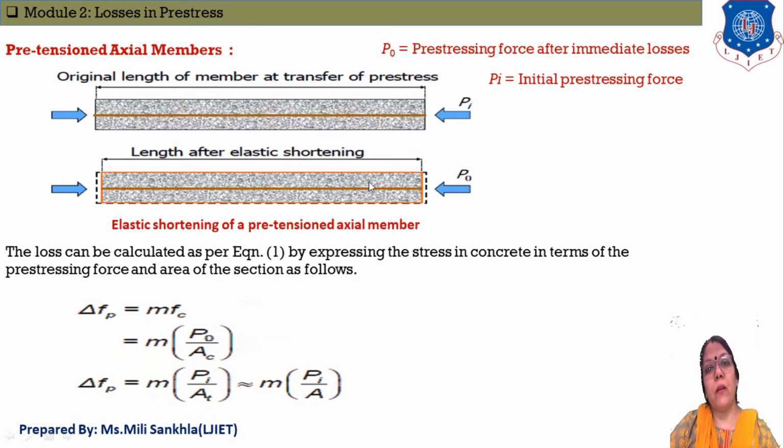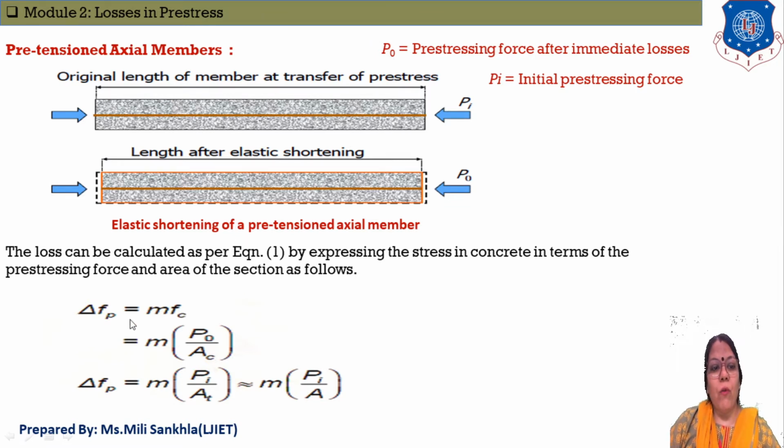That means we cut the tendons and the stress is transferred. After that the length of this prestressed concrete member changes, and this length is after the elastic shortening. Here the beam is subjected to the force P0, which is the prestressing force after immediate losses.